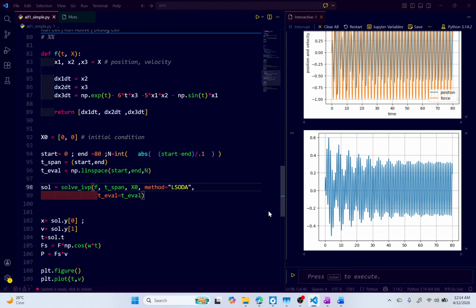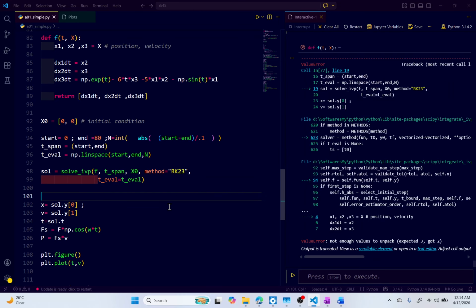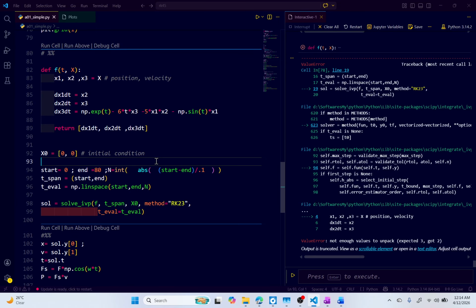The method, let's say RK45, or let's say RK23. Let's see what happens. And then if I run this code, something problem here, right? Let's see. Let me run only this part. Oh, x naught.